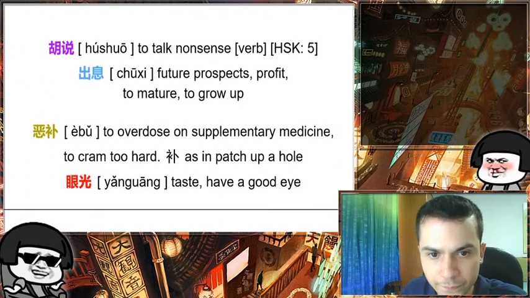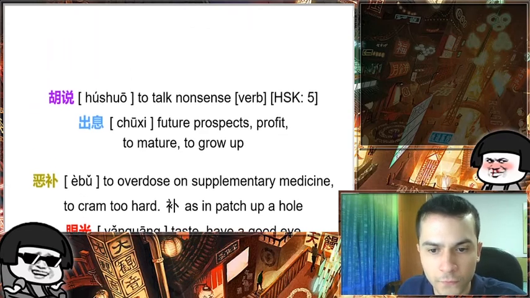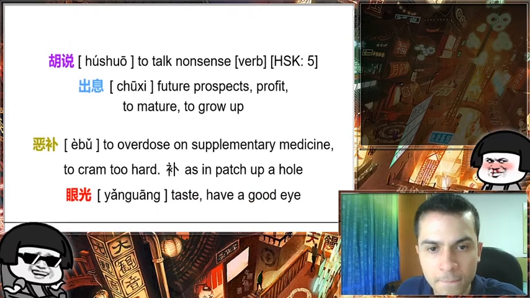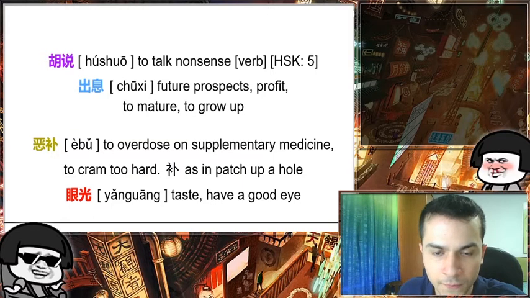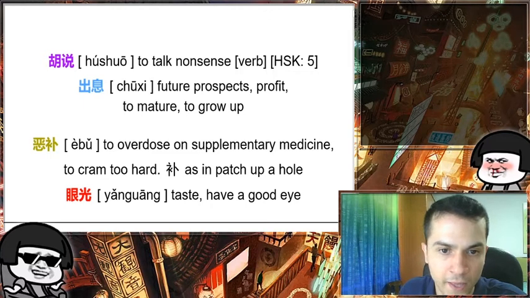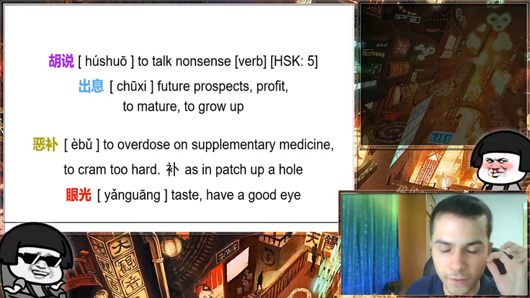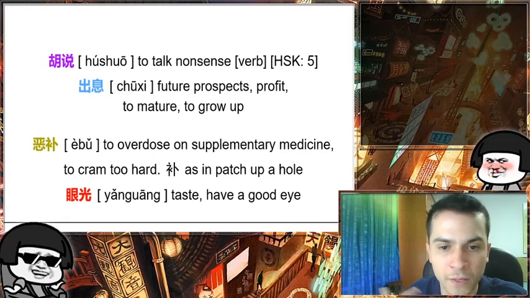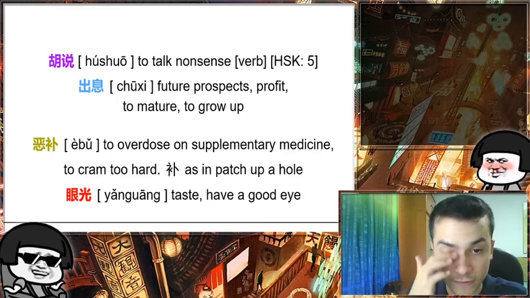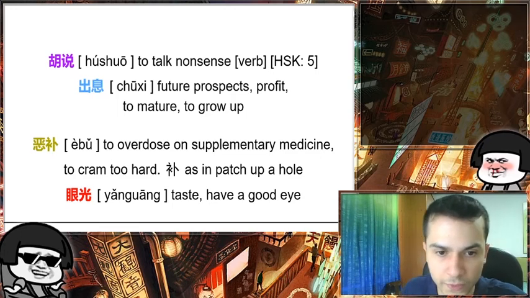Alright, so first one, 胡说, to talk nonsense. Okay, 出息 means future prospects. Basically, if you have 出息, it means that you have a future, in the future you will amount to something. That's the idea.